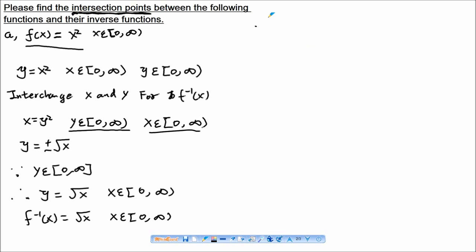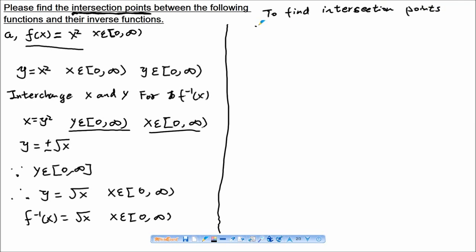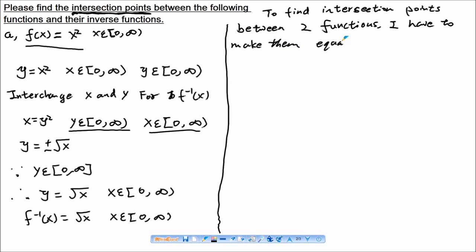To find the intersection points between two functions, we have to make them equal to each other.